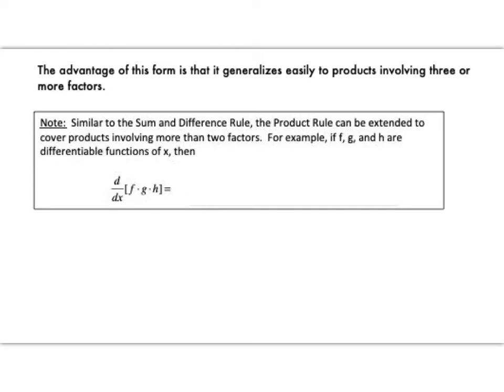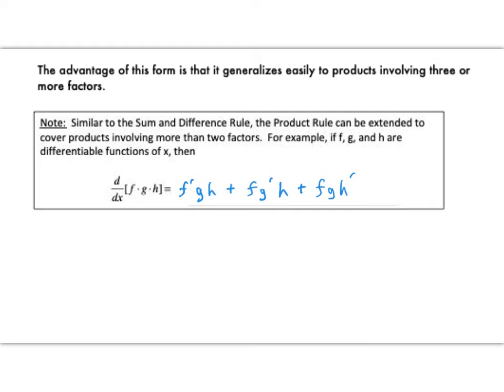All right, when you're multiplying three or more functions together, this is when the product rule gets a little hairy, because you're dealing with three functions, f, g, and h, multiplying them together. Well, you need to differentiate f first and then multiply it by g and h, and then add in f times the derivative of g times h, and then f and g times the derivative of h.